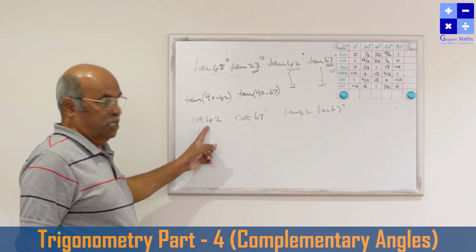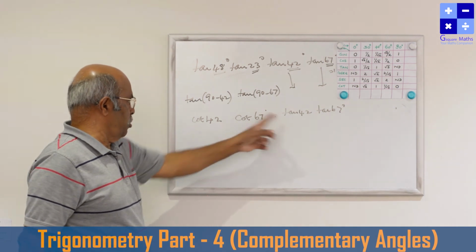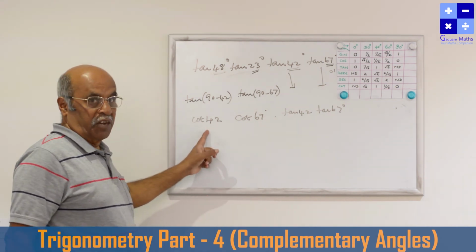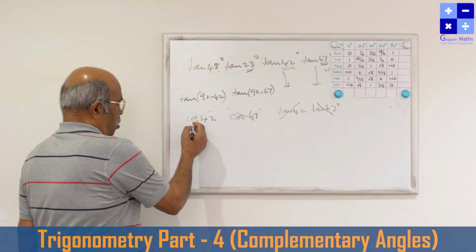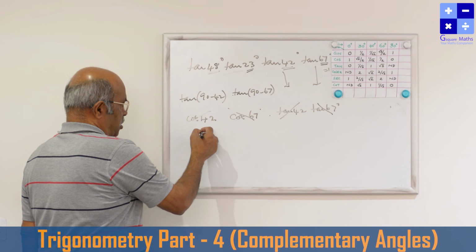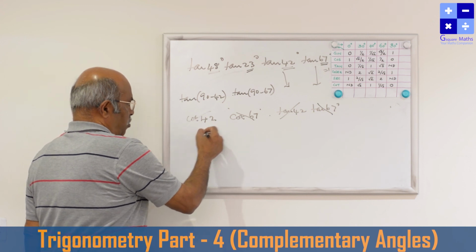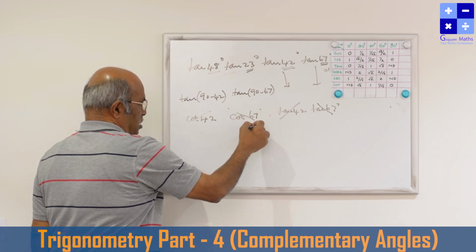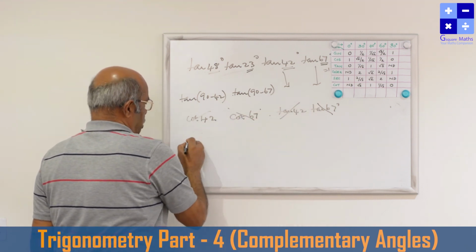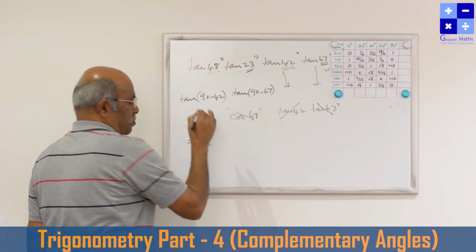Sin and cos are reciprocal, these are reciprocal to each other. So cot 42 can be written as 1 by tan 42, and cot 67 is 1 by tan 67. Tan 42 and tan 42 cancel. Cot 67 is nothing but 1 by tan 67, that too gets cancelled. So the entire answer is equal to 1.